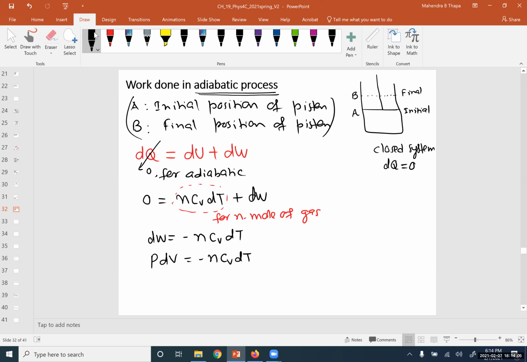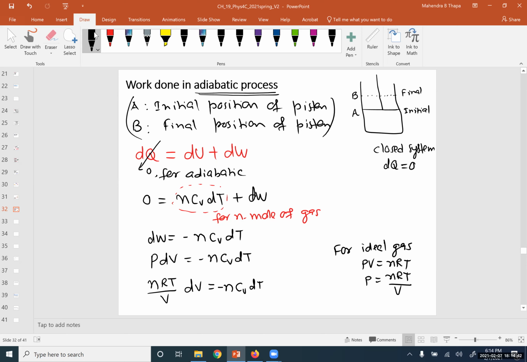We know that pressure is not constant, so we need to do a little bit of math. We play with the ideal gas equation. You know that for an ideal gas, PV equals nRT, so P equals nRT over V. I'm going to replace this P by nRT over V, times dV, equals minus n Cv dT.